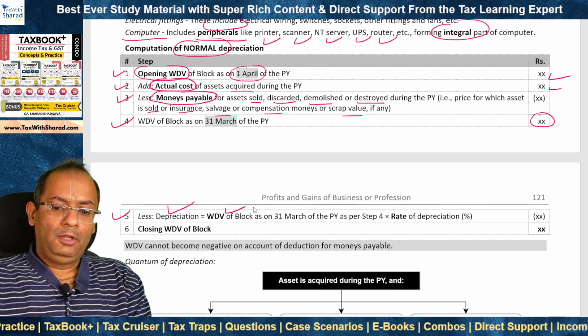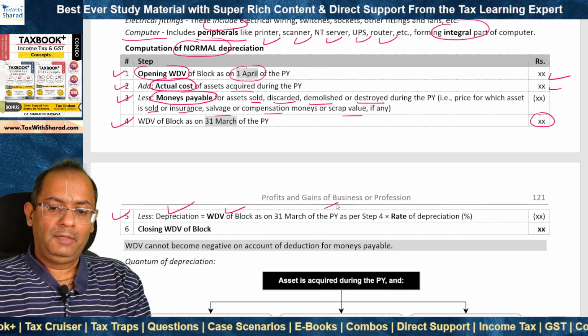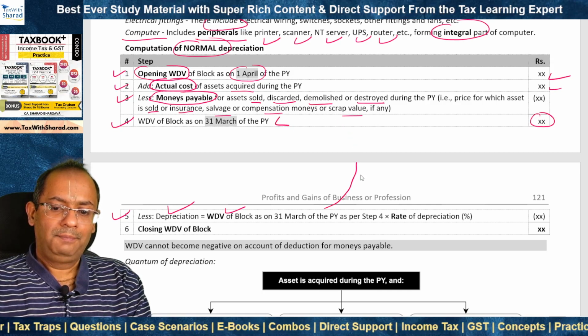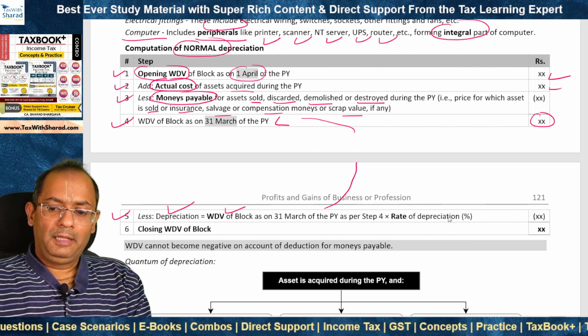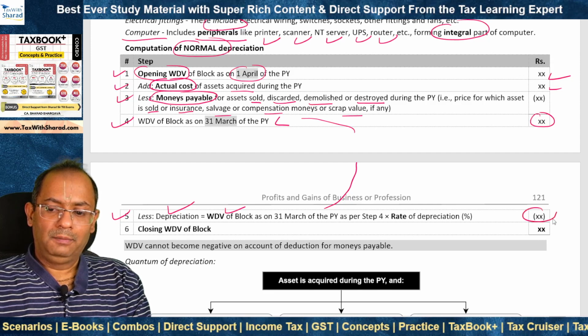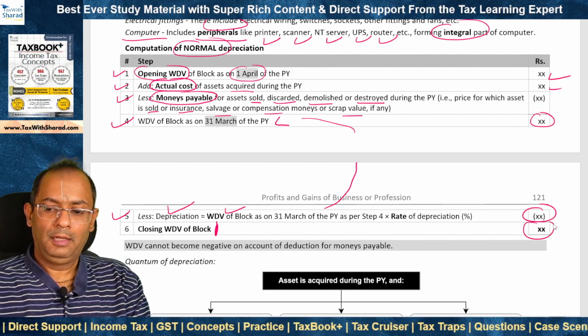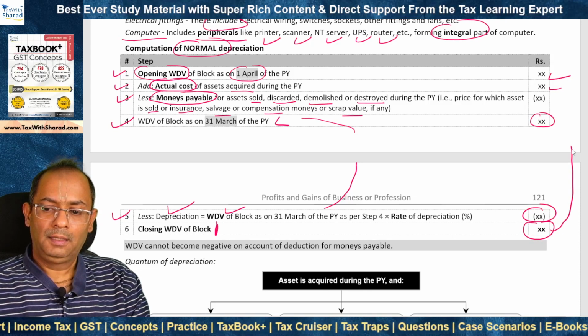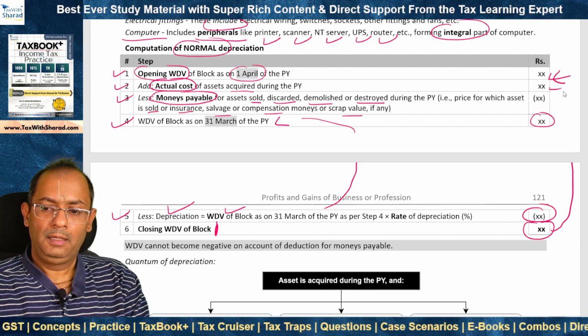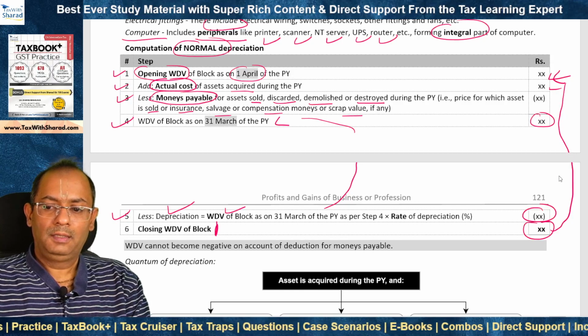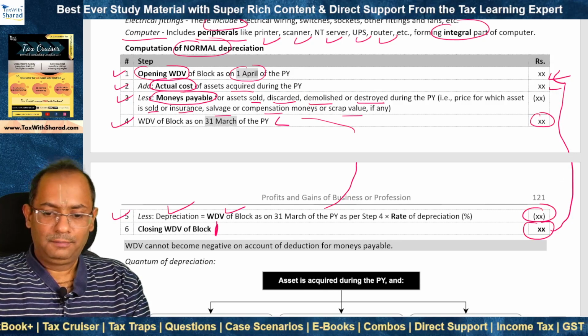It is WDV of the block as on 31st March of the previous year as per this step multiplied by the percentage rate of depreciation. This is what we deduct, and then we arrive at the closing WDV of the block for the relevant previous year. This in turn becomes the opening WDV of the block for the next or the subsequent previous year.